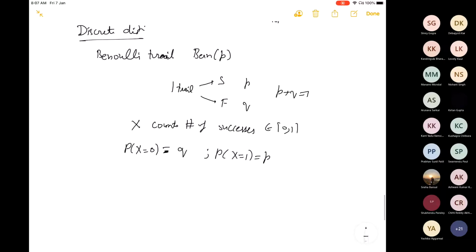So mean here also you can easily find using the definition itself. That will be summation x p(x).